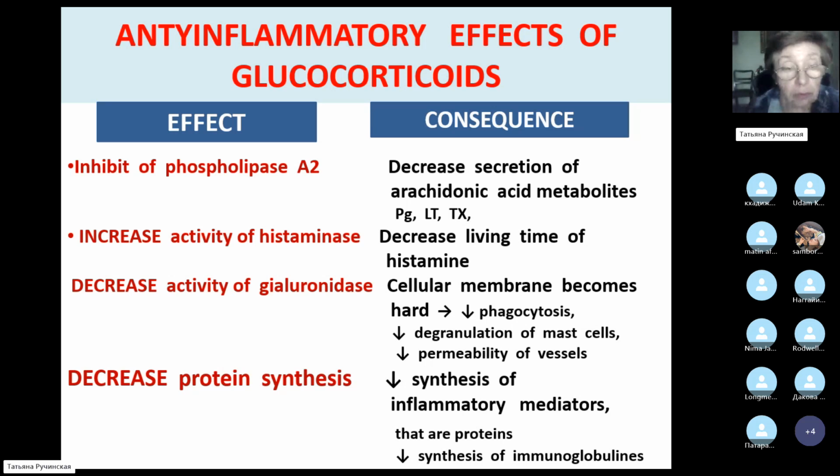So, this you know. Glucocorticoid inhibits phospholipase A2. The effect will be decreased secretion of metabolites of arachidonic acid. They are prostaglandins, leukotrienes, and thromboxane.